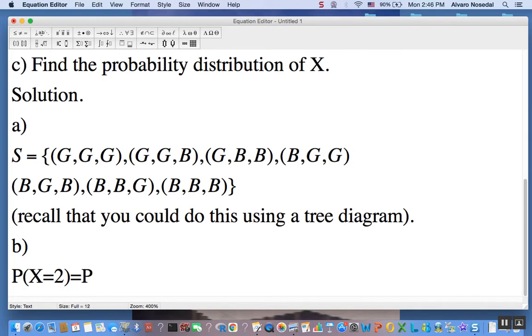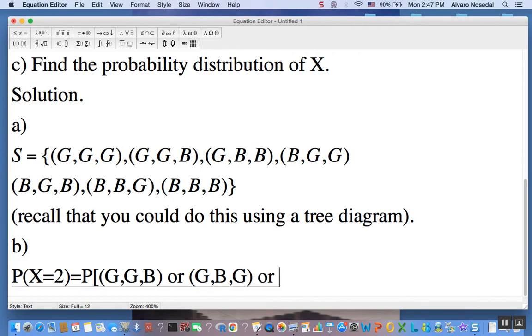That would be the same as finding the probability of observing the following sequences: G, G, and B, or G, B, and G. So we again have 2 girls and 1 boy. Or the last one would be the first one was a boy and the last 2 were girls.